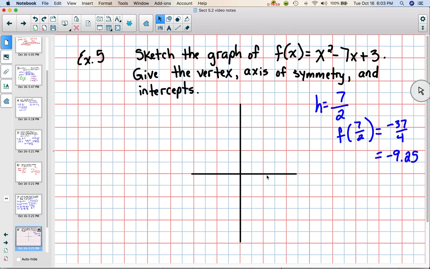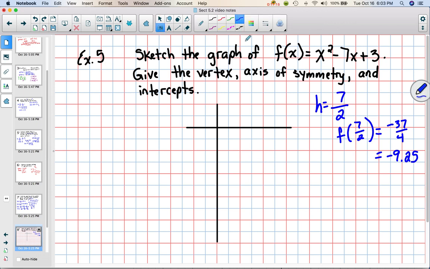Okay, I just moved my axes around to make it a little more convenient. So I'm going to plot the vertex. So we had 3.5 and about 9.25. So I've got my vertex.